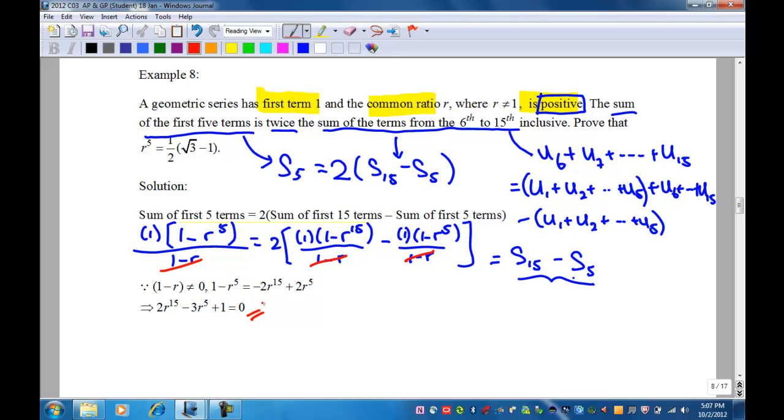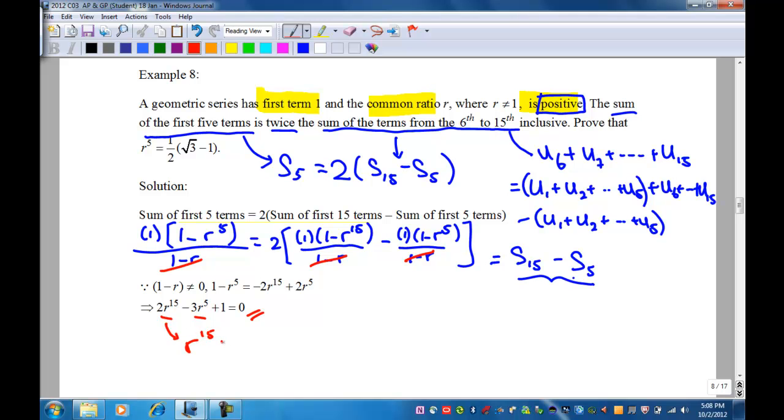To obtain the condition that we need to prove for r power 5, we need to proceed to solve this equation involving r power 15. Now, how can we proceed with this? We observe this equation carefully for relationships among the terms. Do you see any relationship between these two?